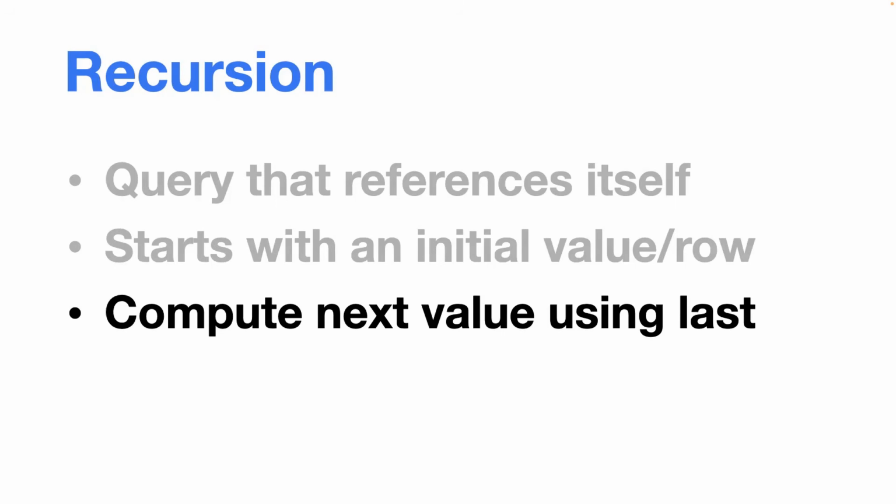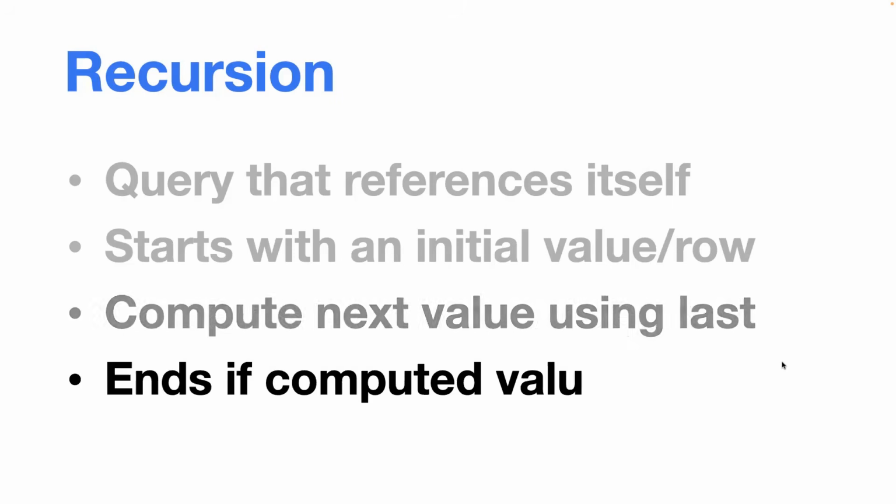The third value is computed using the second value, and so on. And the query keeps running as long as it keeps getting valid values. And the query ends if the computed value is null, right? So the logic of the computed value decides when the query ends. So that's recursion. And I know this may seem confusing right now, but we are going to look at a couple of examples that will shed some light on how recursion works.